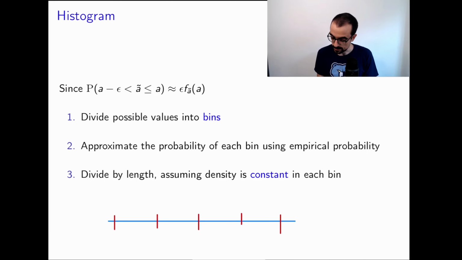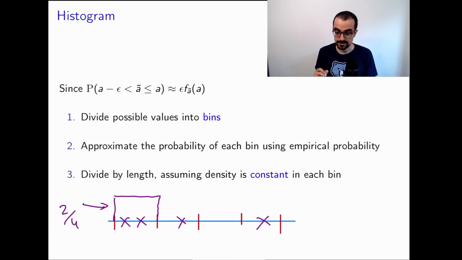And now we're going to say, okay, so I have this observed data, and I'm going to compute the density at each point. So I compute the empirical probability of this, which is 2 divided by 4. That's the empirical probability.